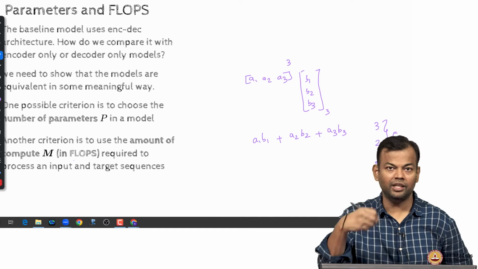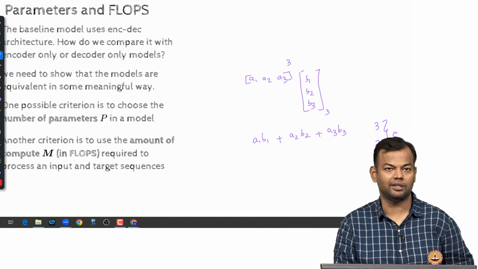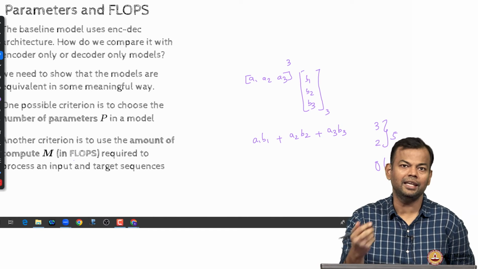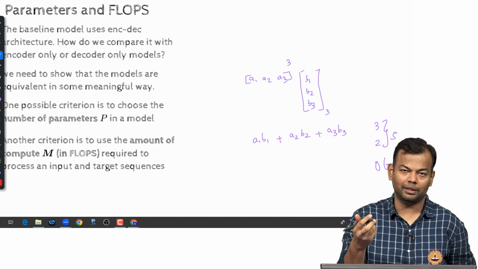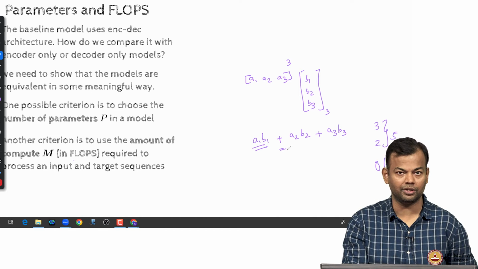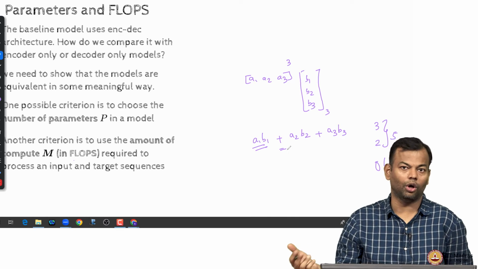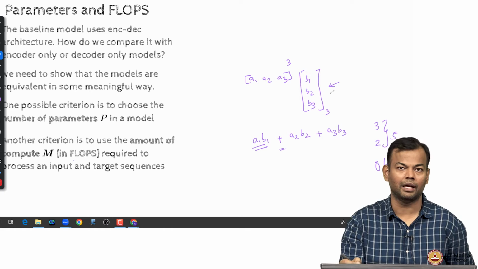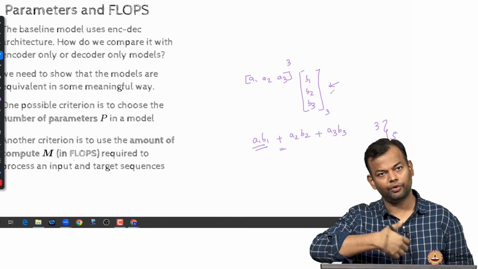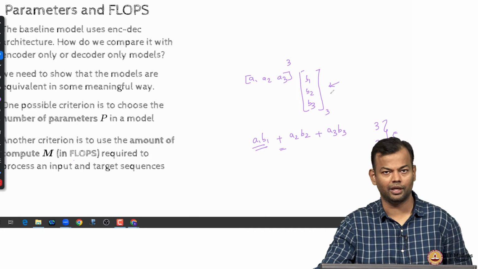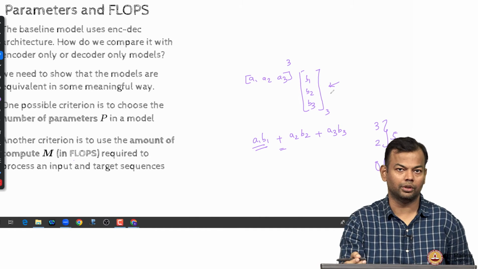Now many such matrix vector multiplications are happening throughout the network, going from the input to the output, and each such matrix vector multiplication is a collection of these smaller multiplication and addition operations. So you just painfully count all of them and come up with how many computations it is doing. I did it for the simple example; you could do it for the entire network, right? You just have a series of matrix vector multiplications and you know how to count the number of operations.